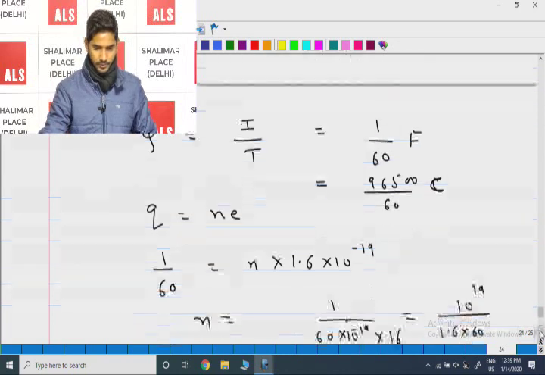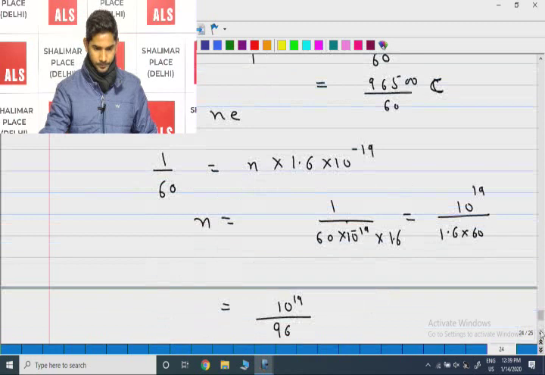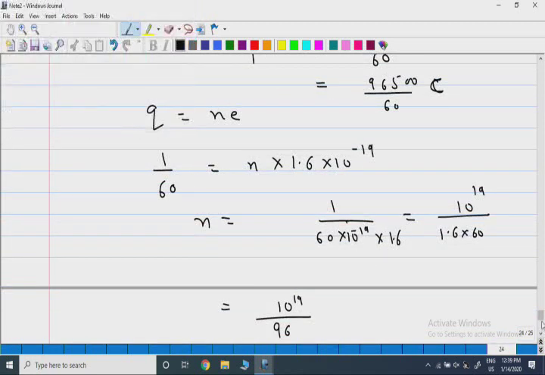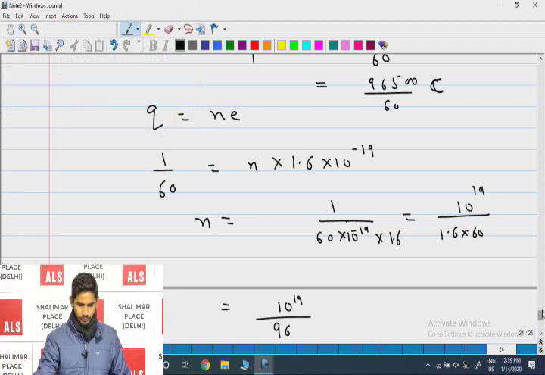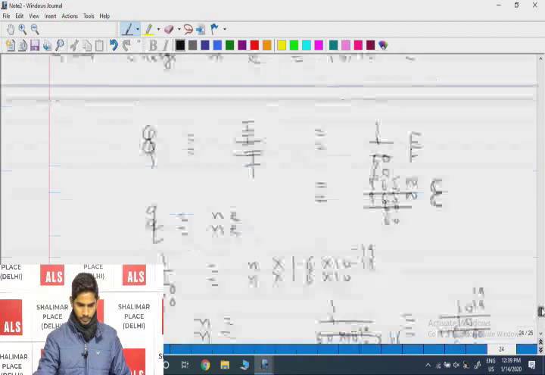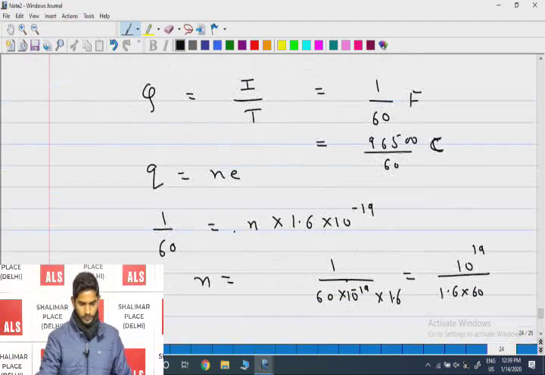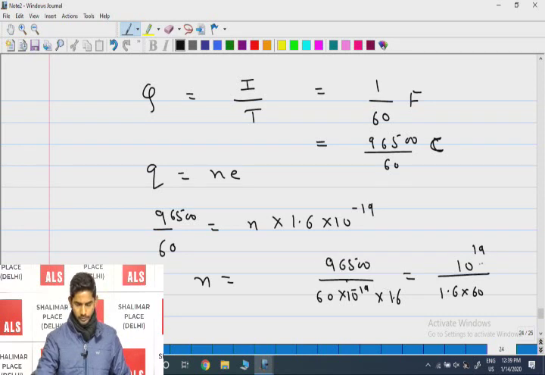So put this one at the place of Q, you have to use this 96500.